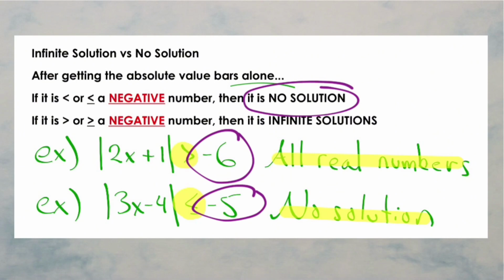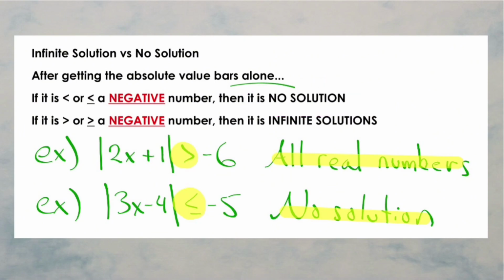Let's bring in another highlighter color. Not yellow, orange. So less than or equal to, you can see it right there. If that is the situation with having a negative number, then that means there is no solution. And if it is the greater than or equal to sign, like you can see in the top example, that is where you will have all real numbers or infinite solutions.